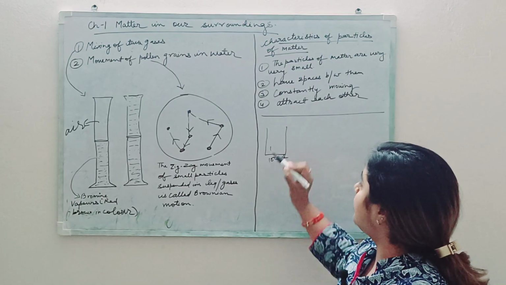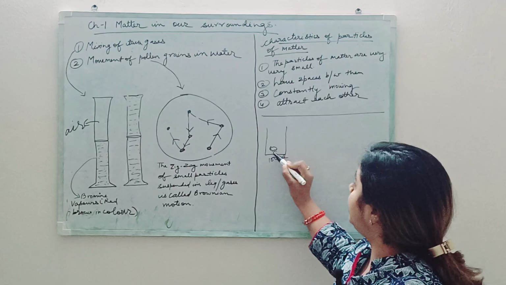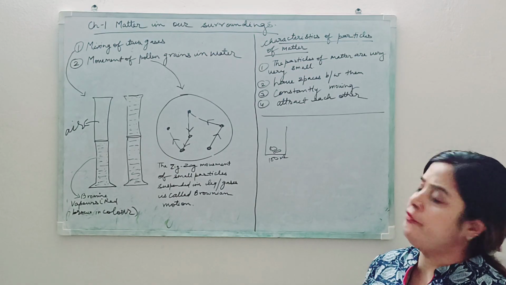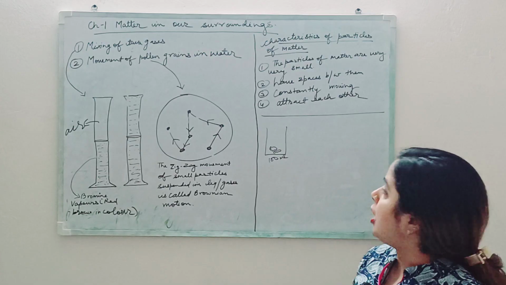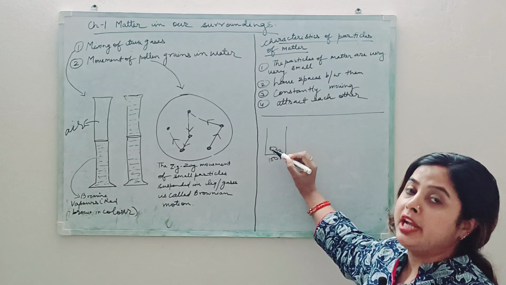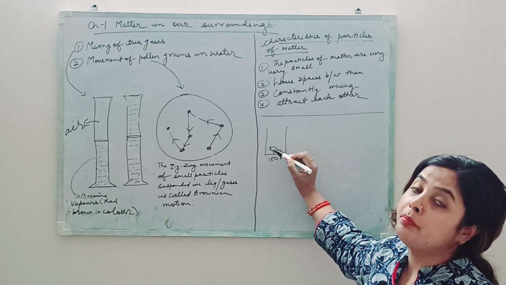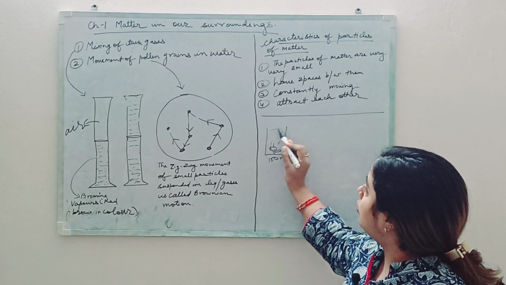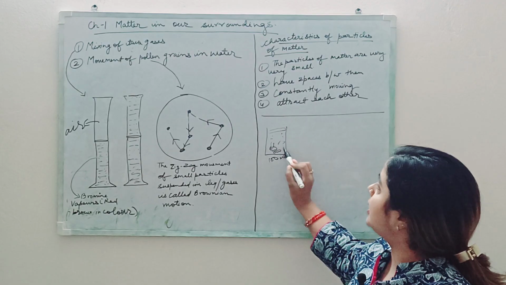There you put a few crystals of potassium permanganate. I hope you have seen my last video that potassium permanganate crystals are purple in color. After some time it will dissolve in this liquid and the whole solution will become purple in color.